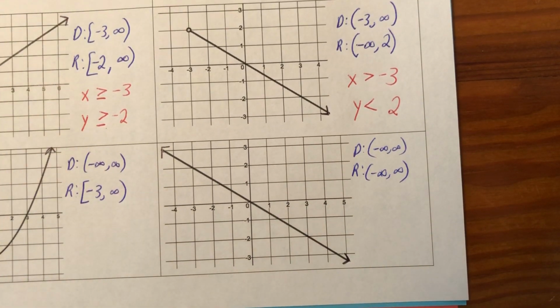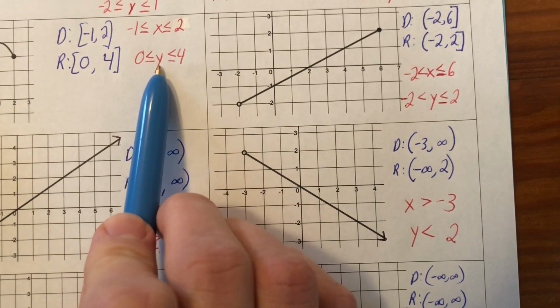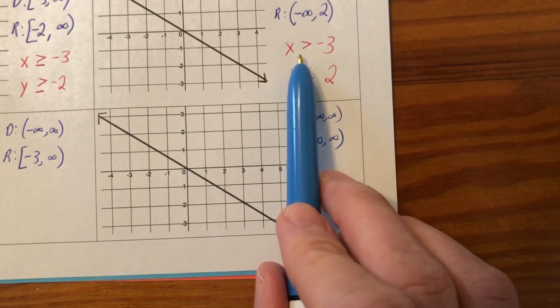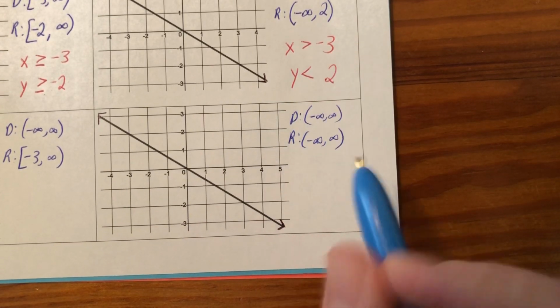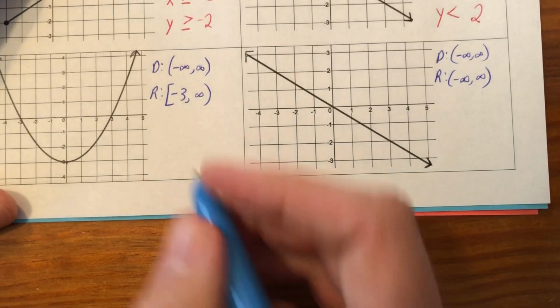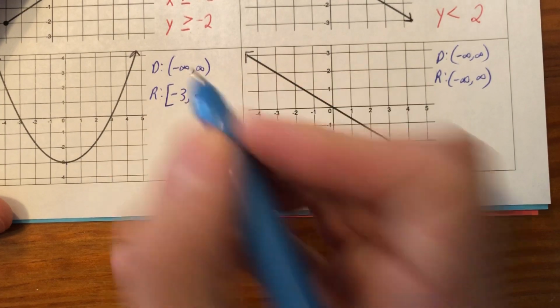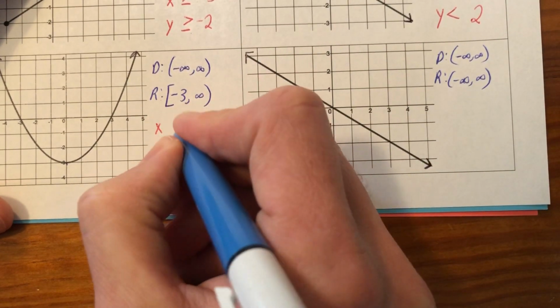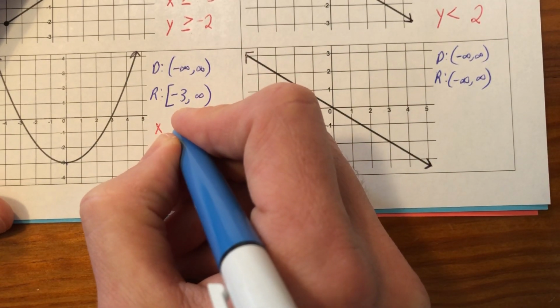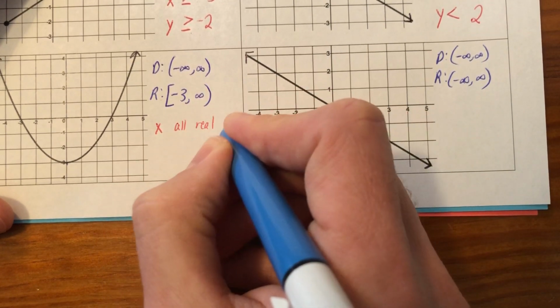Okay, so I know I said always use the less thans. I mean that when you're cramming it between two numbers, like, oh, y is between 0 and 4. Well, then use less than. But in this case, y is less than 2, or x is greater than -3, and I don't put equals on either of those. Okay, in this case, you could be like, well, everything works. Then say that. X is all real numbers.